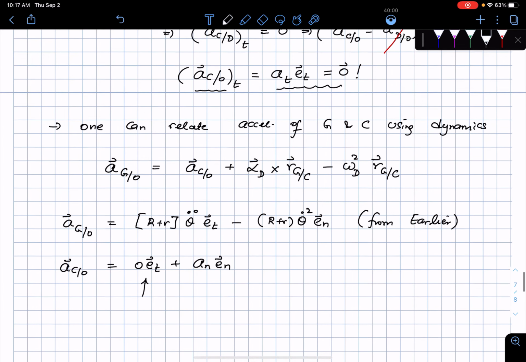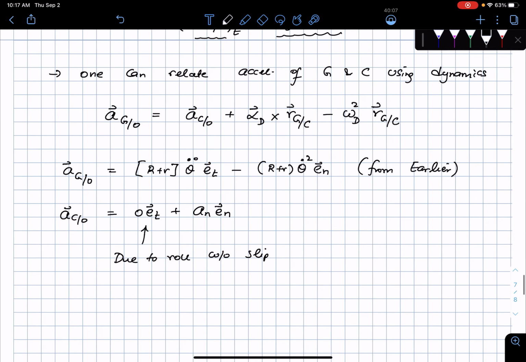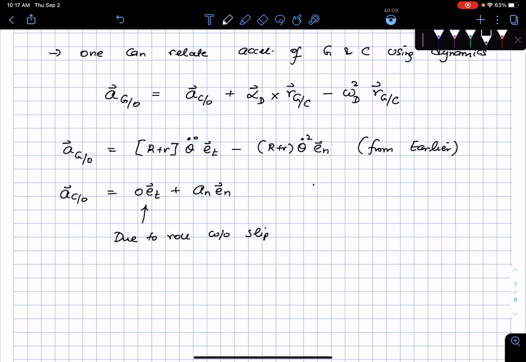This is due to roll without slip. So if I do the substitutions, we had assumed alpha of the disk was some minus alpha disk in the k direction, and we know that the position vector from point C to point G is going to be pointing in the negative En direction.